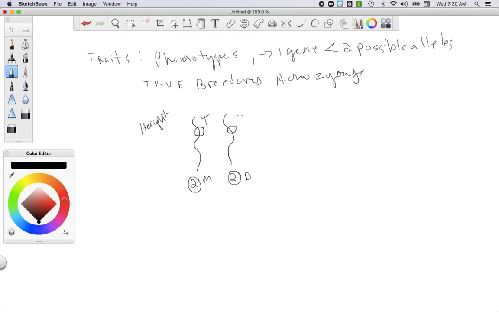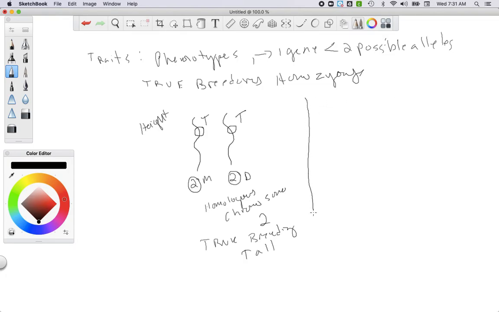If this is true breeding, there is a capital T allele on this homologous chromosome. So this is homologous chromosome 2. One copy came from the mother plant, one copy came from the father plant. This is an example of a true breeding tall pea plant.